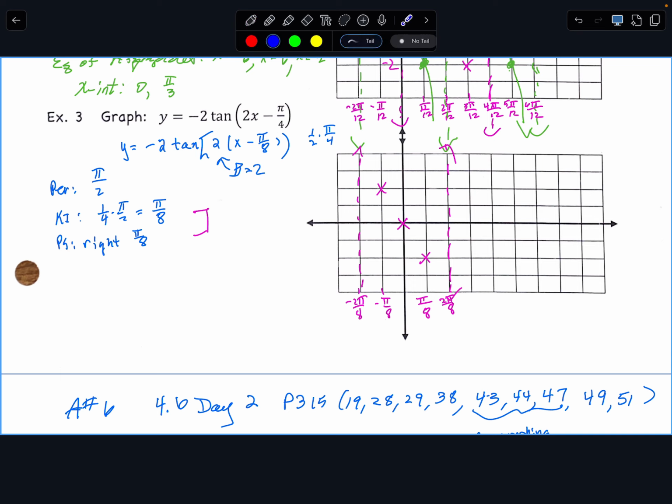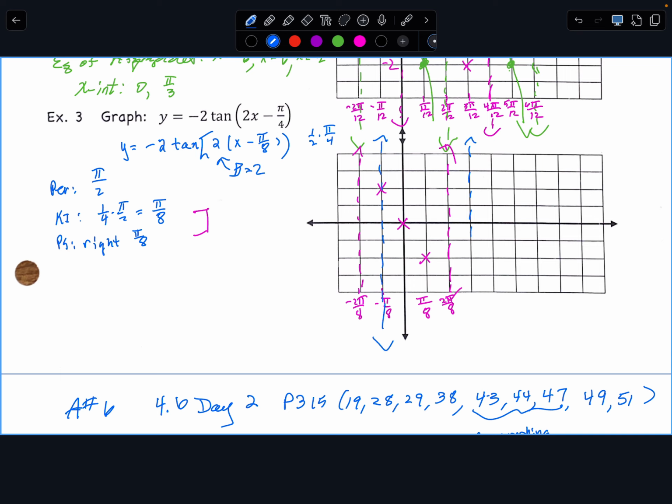And then you need to move everything to the right 1 pi eighths, which is 1 unit here. So you're going to have an asymptote here. This is going to move, and you're going to have an asymptote here. And every point is just going to move 1 box to the right. And so we have an asymptote here.